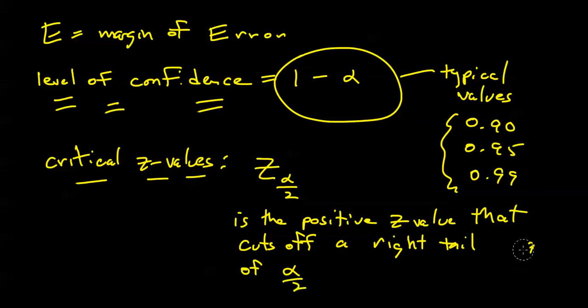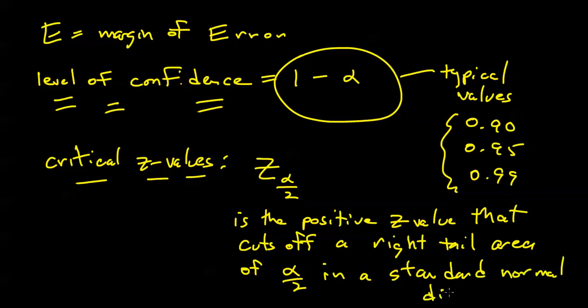Let me correct all this. Z sub alpha over 2 is the positive z value that cuts off a right tail area of alpha over 2 under a standard normal distribution. So it's a z-score that depends on your choice of a level of confidence. Okay?